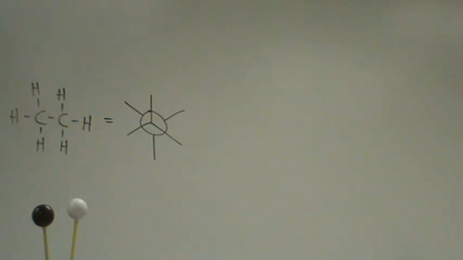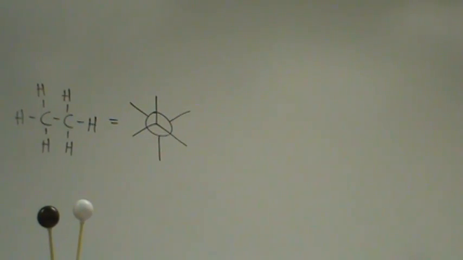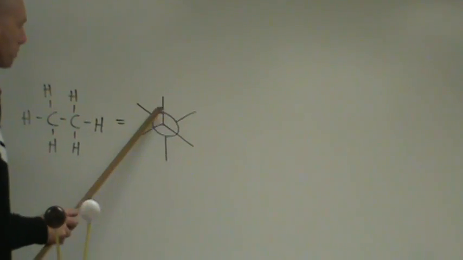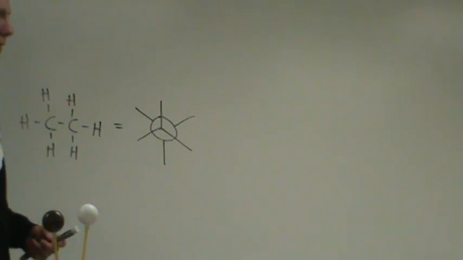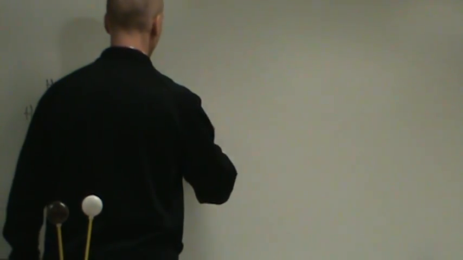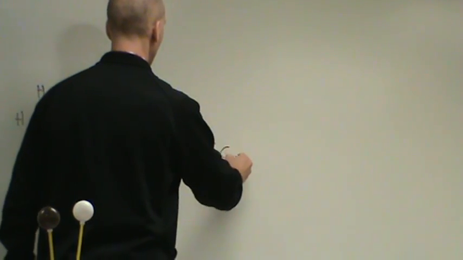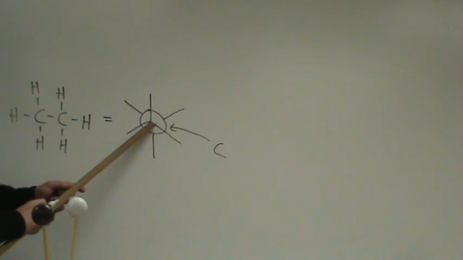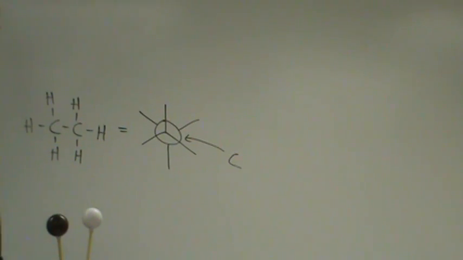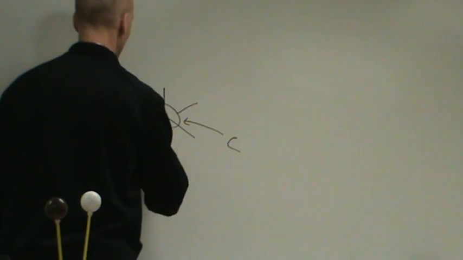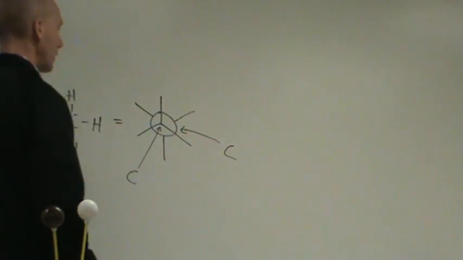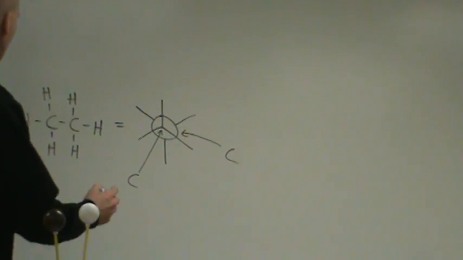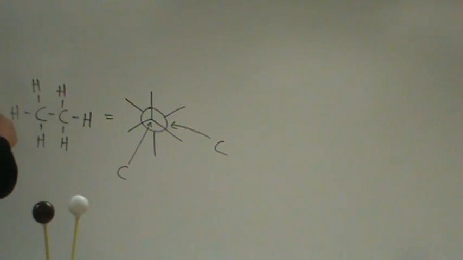Where these symbols represent something. See the big fat circle? That represents a carbon. And then see where these three lines join in the middle here? That represents a carbon. So what we're doing is basically we had an eyeball here.